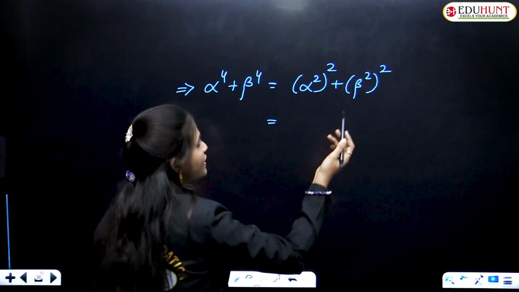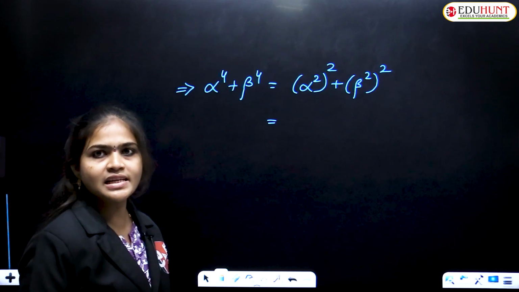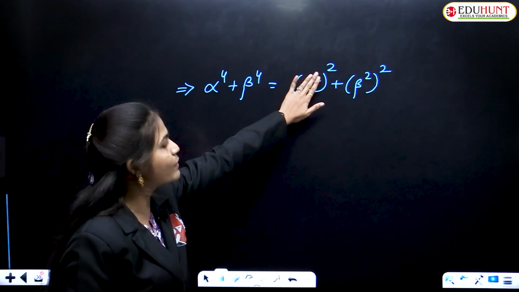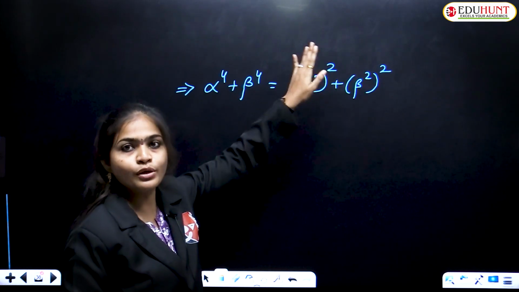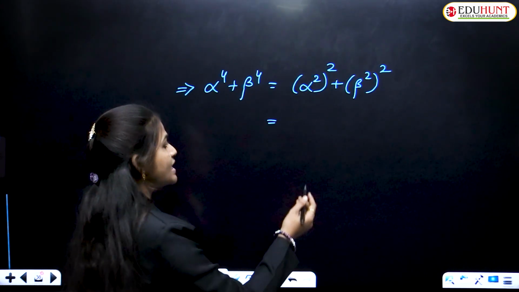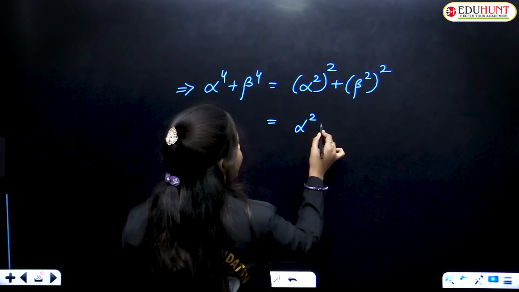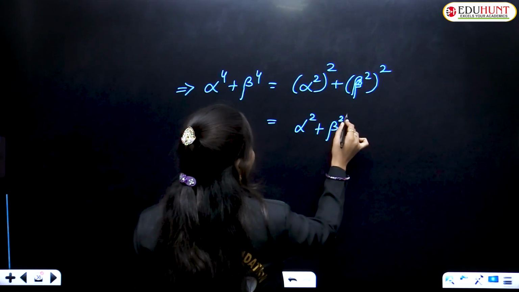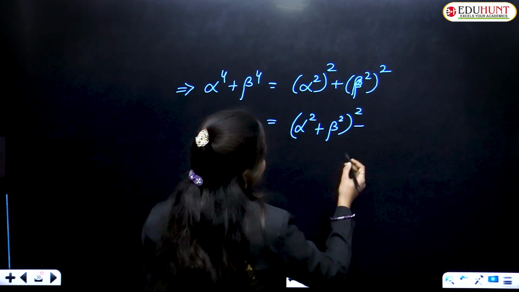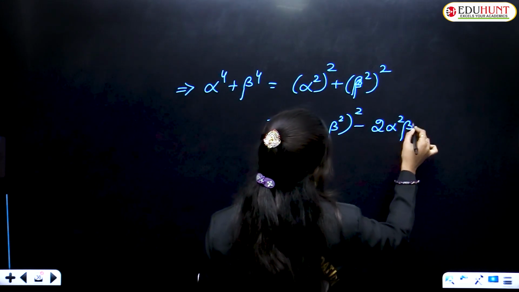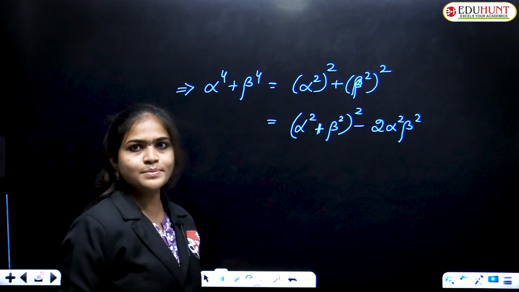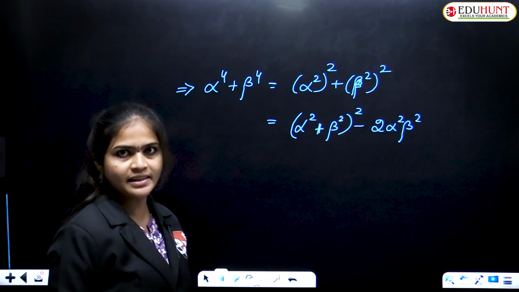Take alpha square as a, and beta square take it as b. So a square plus b square. So a square plus b square formula is a plus b whole square minus 2ab. Yes or no? A plus b whole square minus 2ab is the formula.